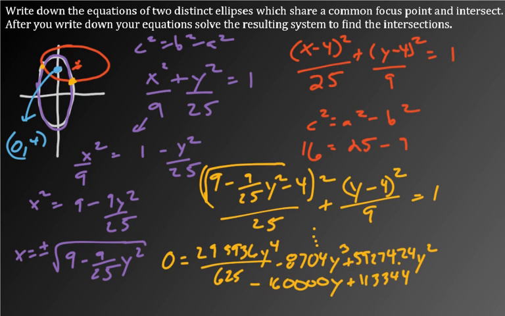So I would use the zero button on the calculator, obviously just the real roots of it, because the imaginary roots are not going to help me here. I'm not looking for the imaginary intersection points, but basically if you use the calculator, you're going to get y is about 1.07 or 4.813.